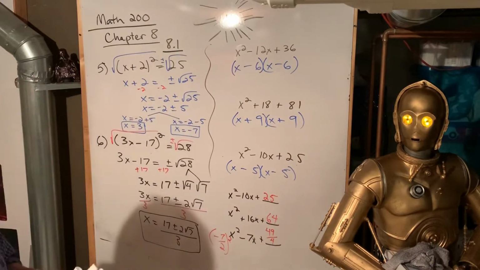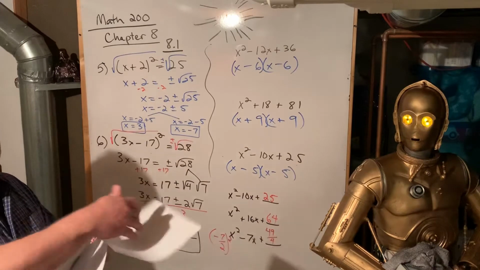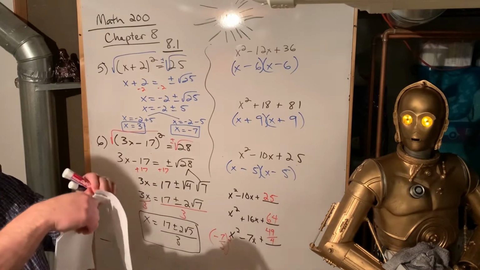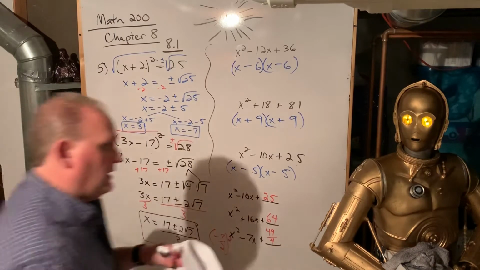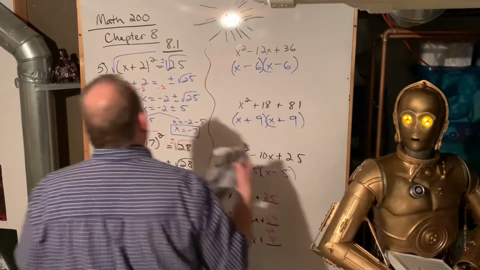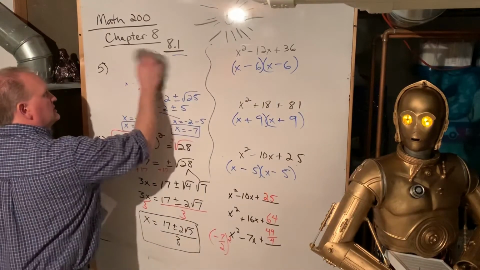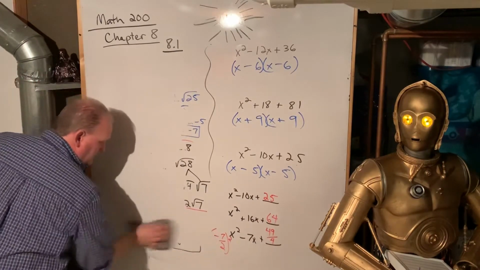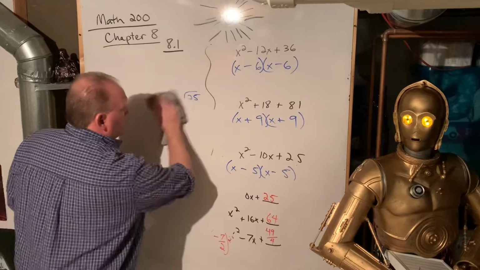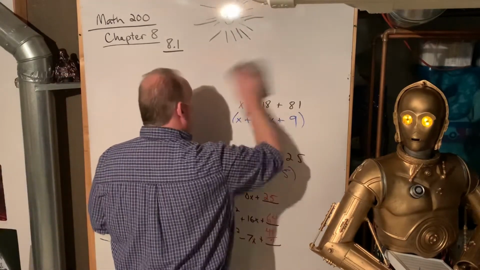All right. So let's look at how we do this in practice, completing the square. If we want to complete the square, that is a way to solve a second degree equation without factoring.